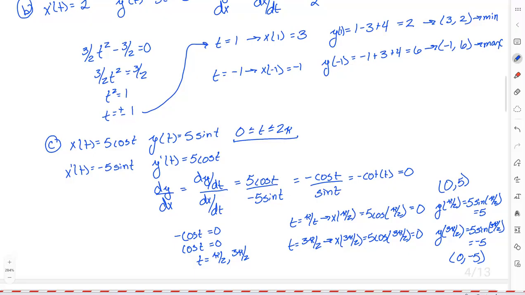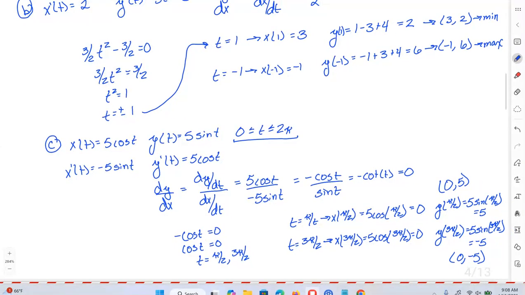So remember, this is going to graph a circle. We're going to see that in Desmos. And then we'll see a max and a min here. The maximum is going to happen at (0, 5). Notice that's the bigger number. And the minimum is going to happen at (0, -5), with that y-coordinate being the smaller number.